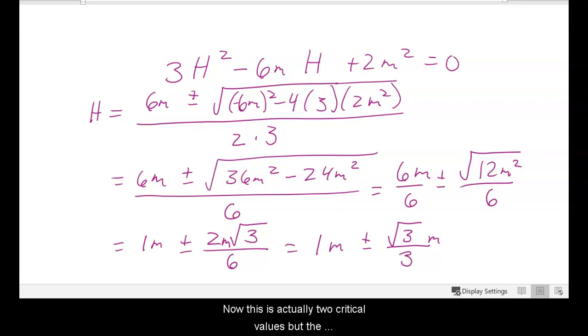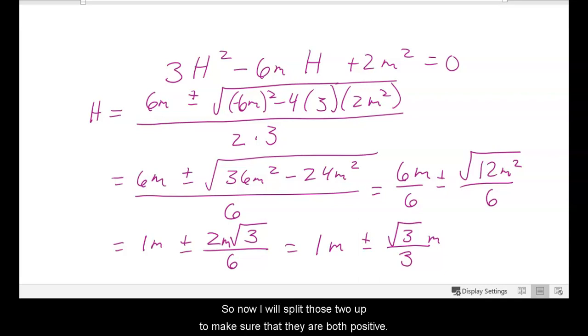Now this is actually two critical values, but the question is, do I have constraints on the height? And the answer is yes, the height must be strictly positive. So now I need to conclude or find out whether 1 meter plus or minus the square root of 3 over 3, whether they are both positive. If one is negative, it will not fit my constraint and I will need to throw it out.